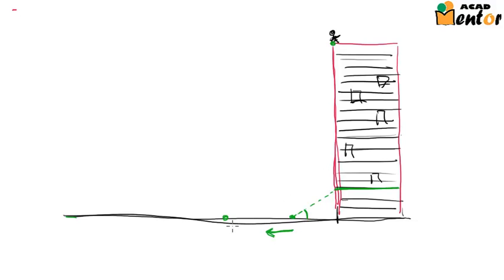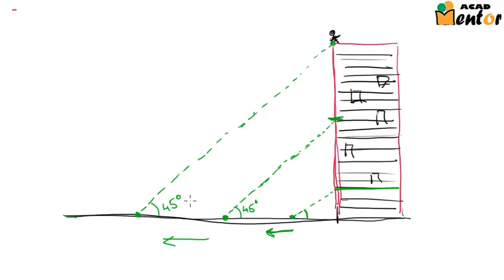So when she goes back, say till this point, she can again lift her head only to 45 degrees. That means if this is the line of sight for 45 degrees, she would be able to see only up till here. So she has no other option but to go back. And when she moves back further, say up till here, and this is her line of sight at 45 degrees, now this is the time when she can see her friend right at the top of the building.